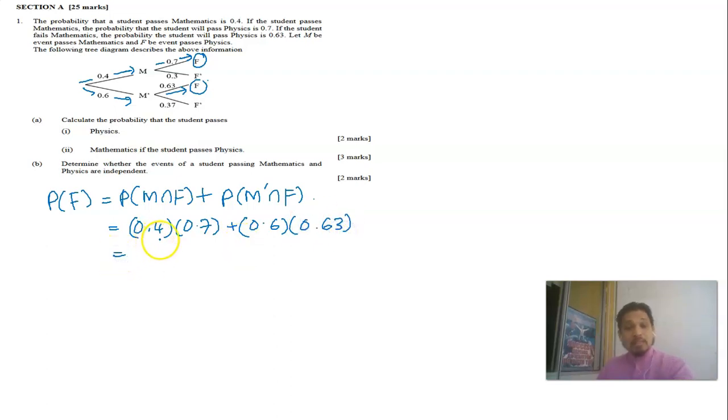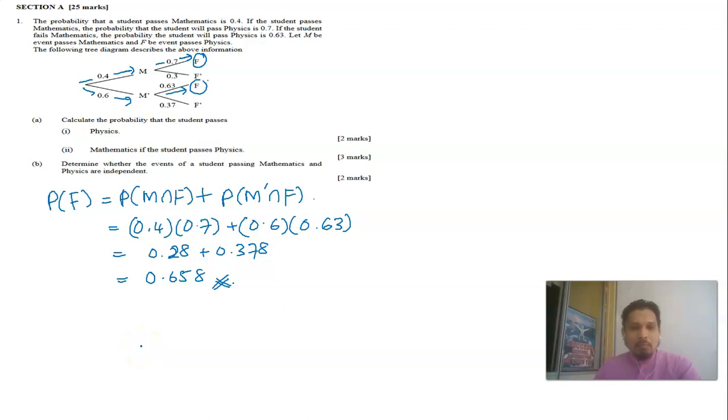So get a calculator, multiply between these two and add them all. It gives you 0.28 plus 0.378, and the total is 0.658. There you go.